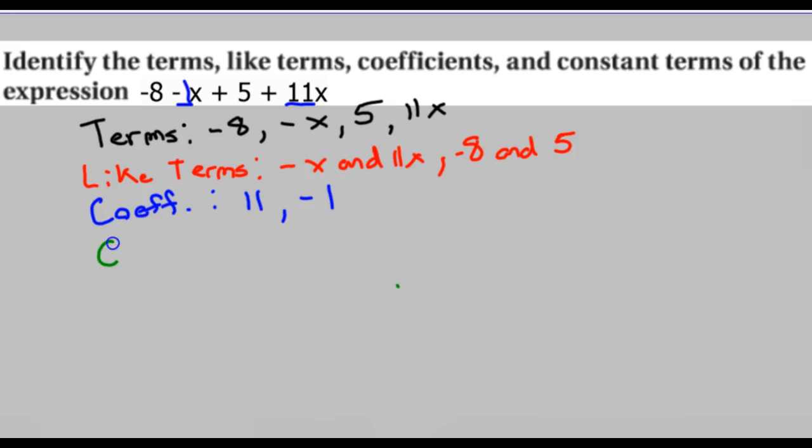Lastly, we're looking for our constants, or our numbers without letters. And our numbers without letters are negative 8 and 5.